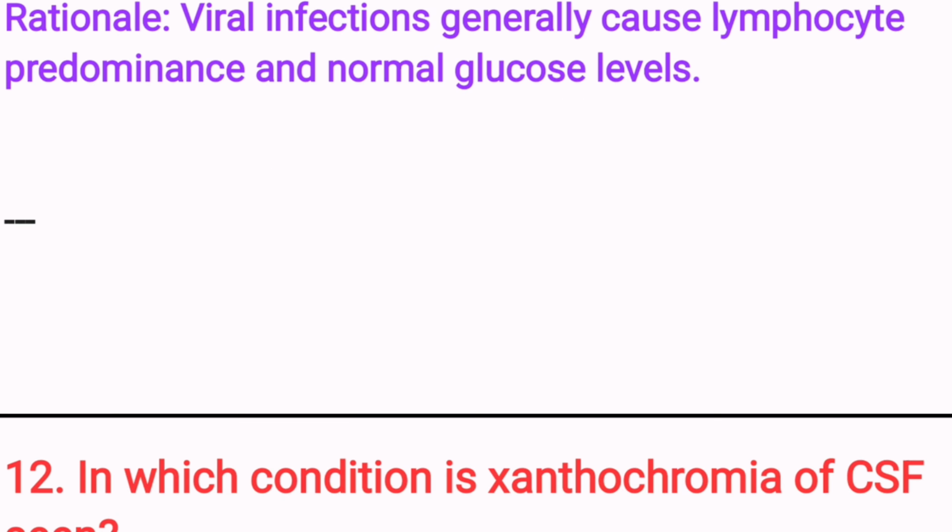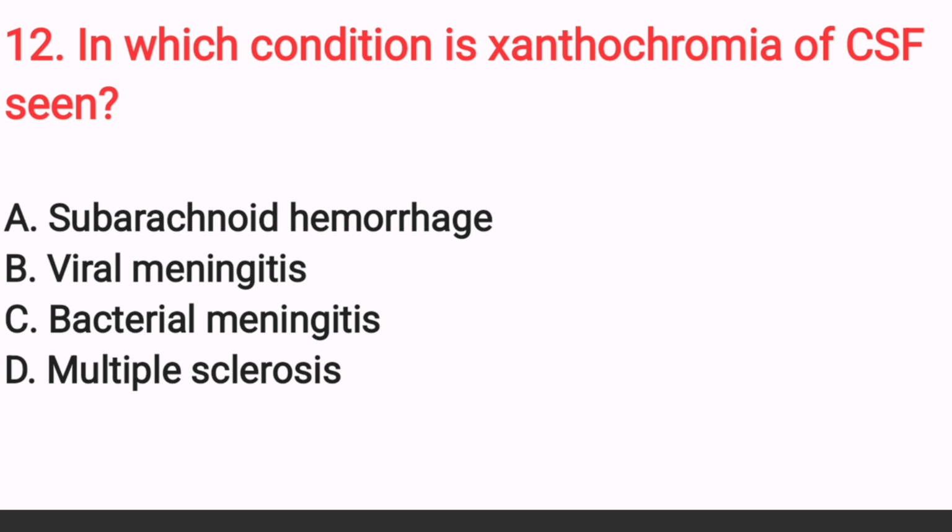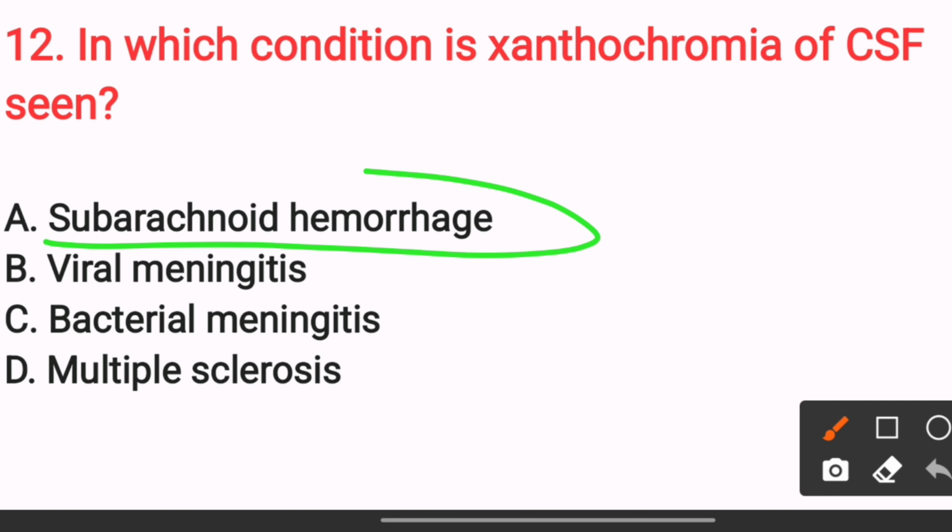Next, in which condition is a xanthochromic CSF seen? Option A, subarachnoid hemorrhage. Option B, viral meningitis. Option C, bacterial meningitis. Option D, multiple sclerosis. The answer is option A, subarachnoid hemorrhage.